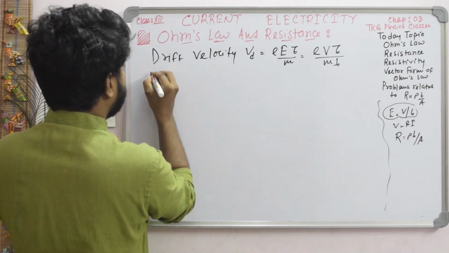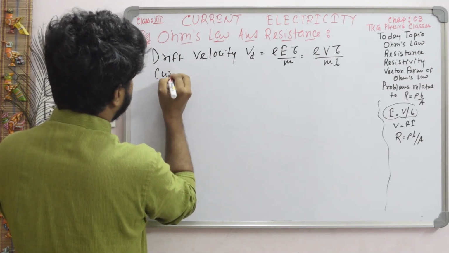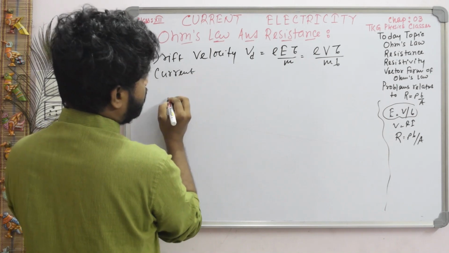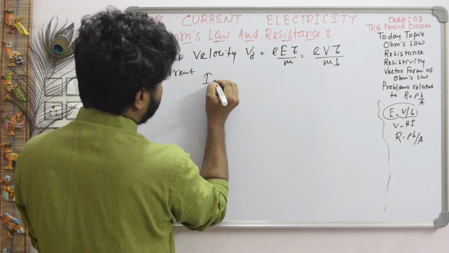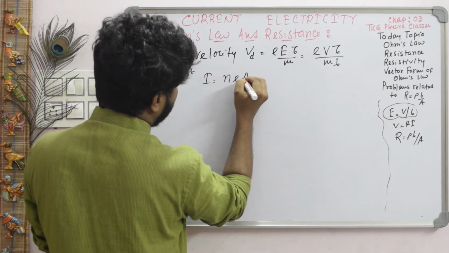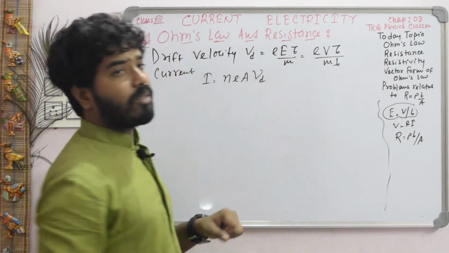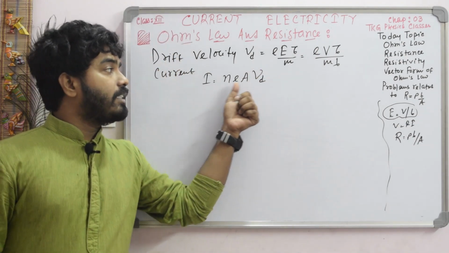Now you write down the relation of current with respect to drift velocity. Current I = nAeVd. This is the relation of current and drift velocity.